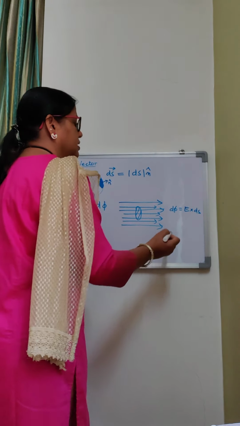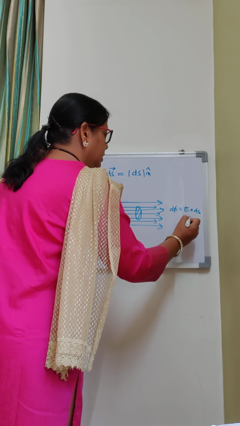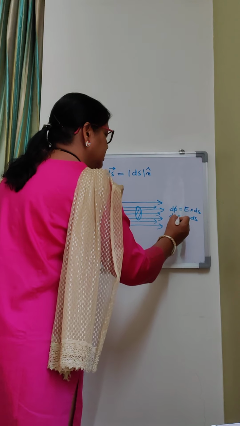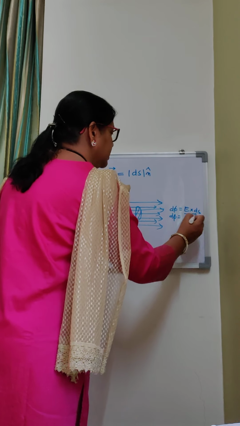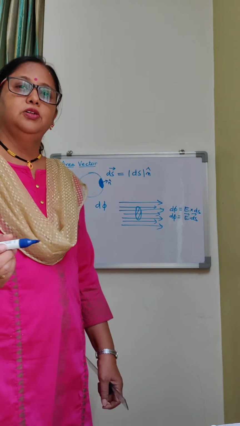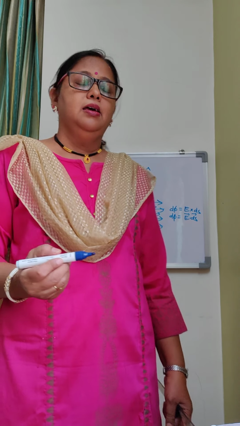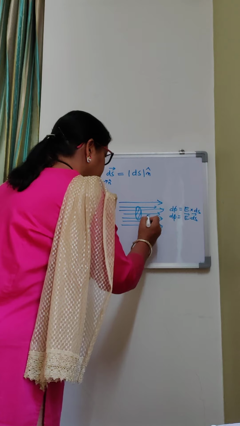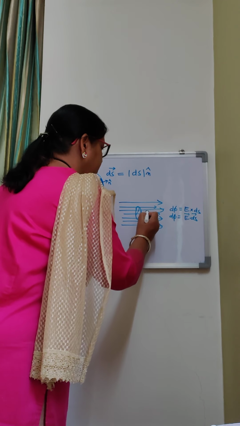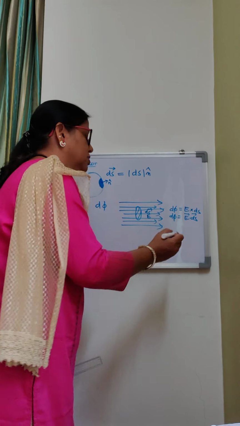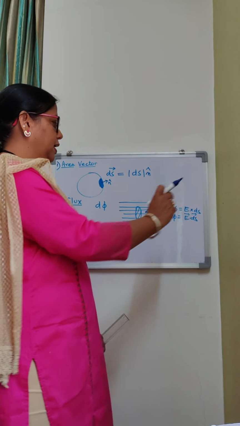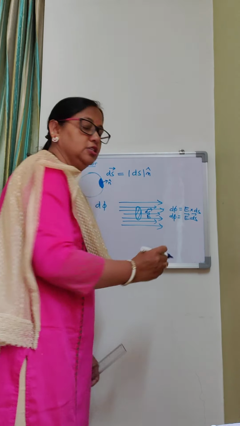So the flux is given by E dot ds. D phi, a small flux, is equal to E dot ds in terms of the dot product, you can write it. Now if this is along the same direction, electric field is like this and the area vector is also along the same direction, and what is the angle between E and ds? Both are in the same direction, so the angle between them is 0.